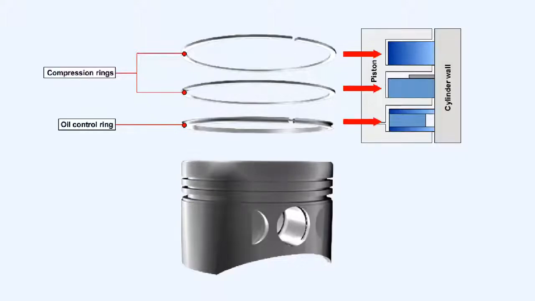The oil control ring prevents excess oil passing into the combustion chamber, and also spreads the oil evenly around the cylinder bore. Scraper rings are designed so that the bearing face is reduced in area and the bearing pressure consequently increased. The piston rings are generally made of a special grade of cast iron and are sprung against the cylinder walls.